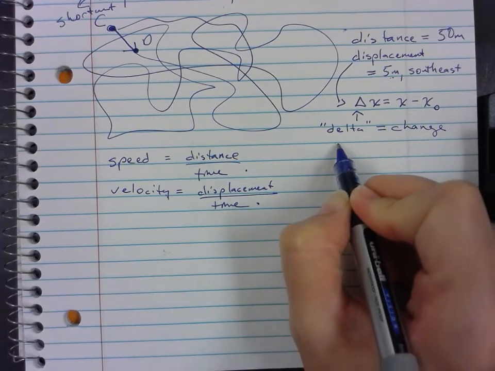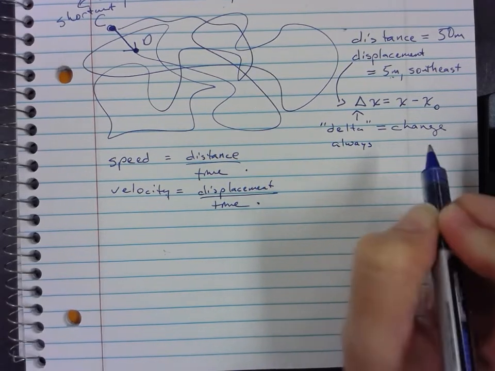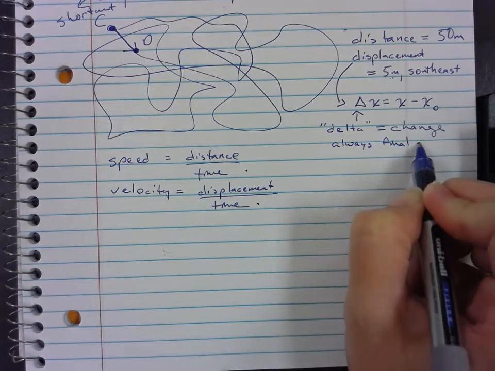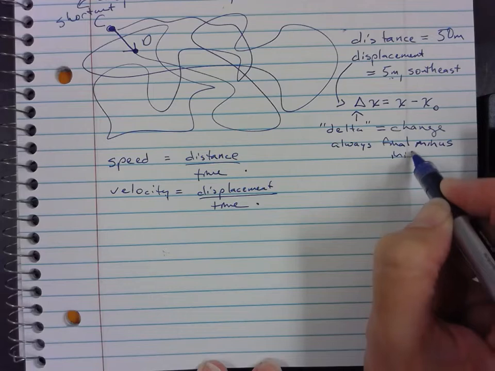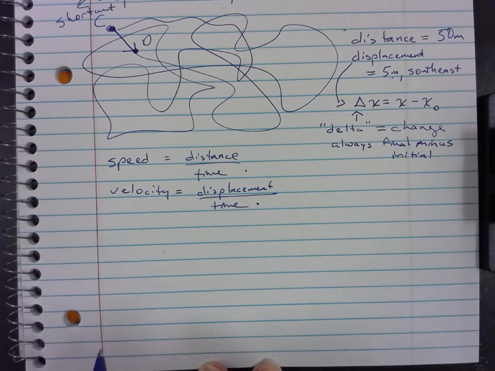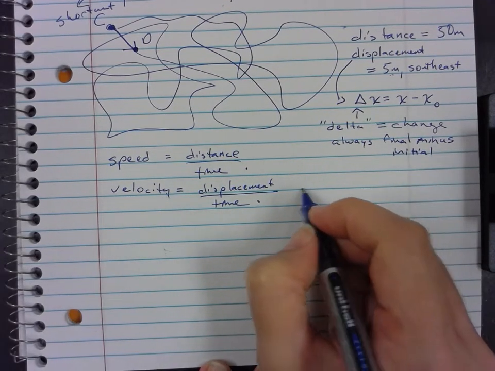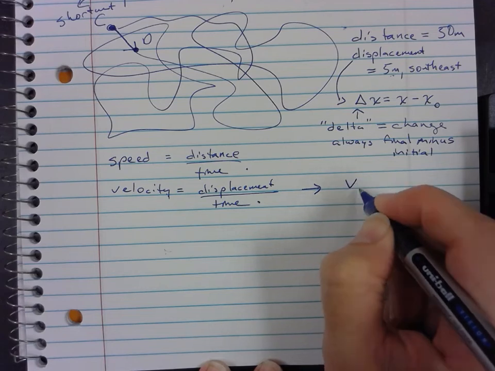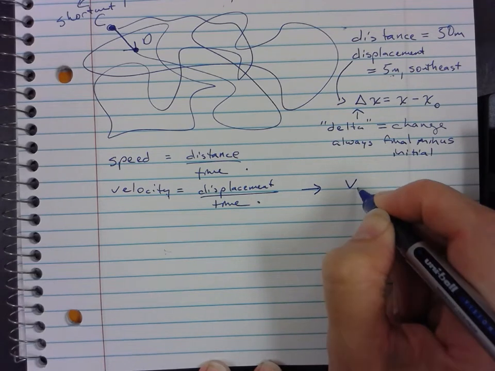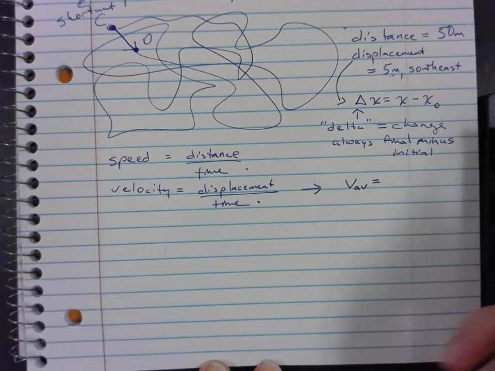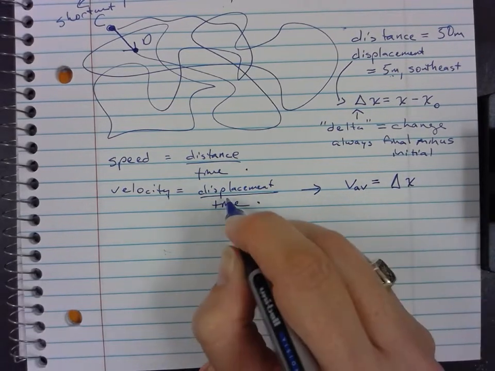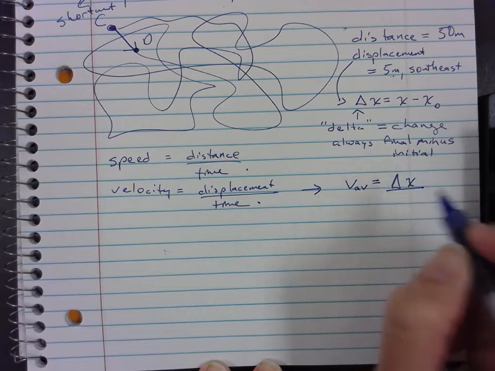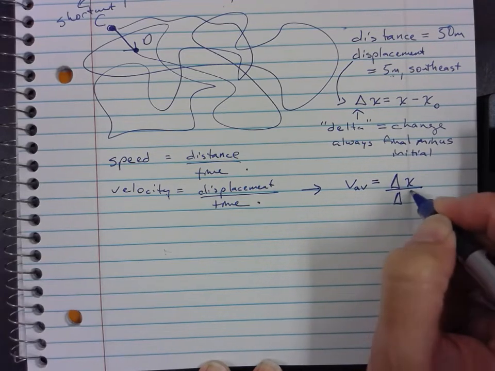And you always do final minus initial. So velocity turns into v, and I'm going to put a little av here for a reason. We'll talk more about that later. That's for average, is displacement, or change in position, over the time interval.